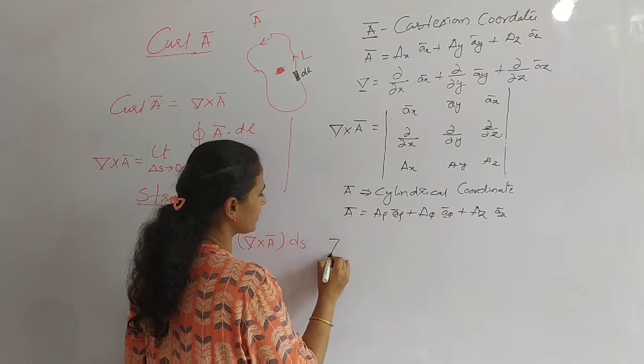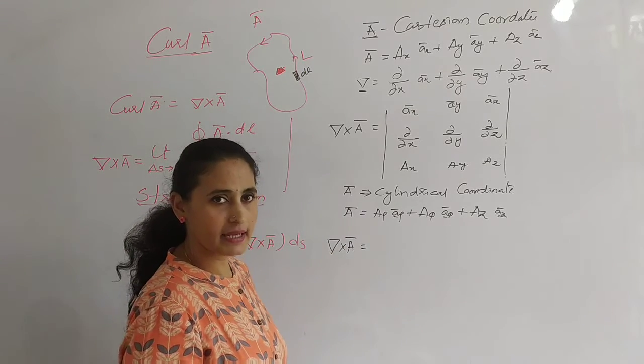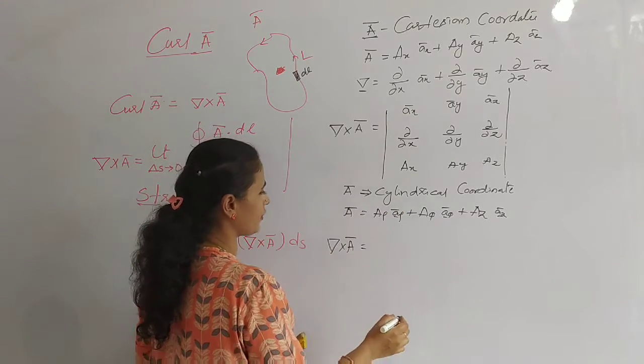So how do we obtain the curl of a vector A bar defined in cylindrical coordinates?